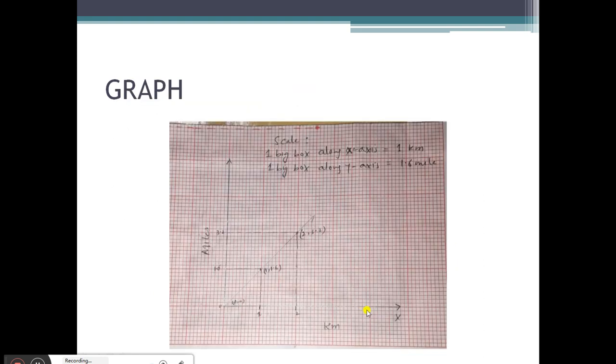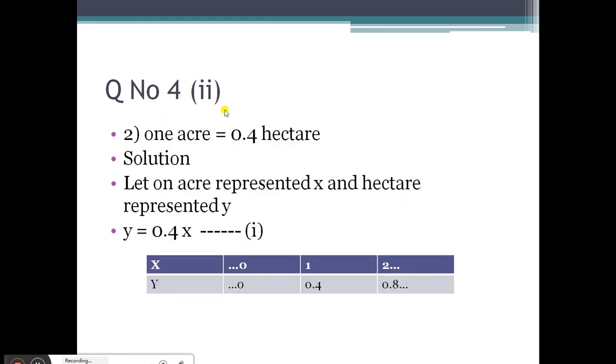We plot it on the graph and a straight line is formed. (0, 0) is our first ordered pair, (1, 1.6) is our second and (2, 3.2) is our third. The scale is one big box along the x-axis equal to 1 mile and one big box along the y-axis equal to 1.6 kilometers.